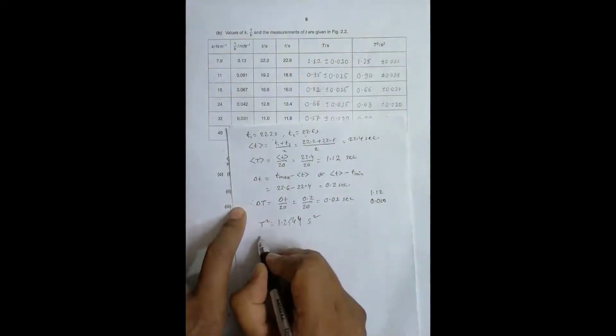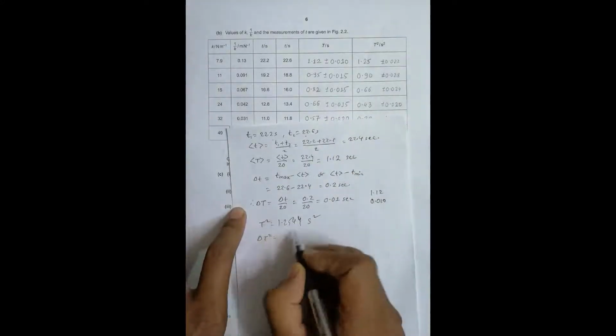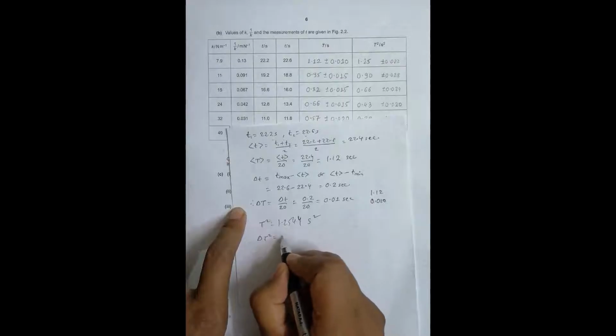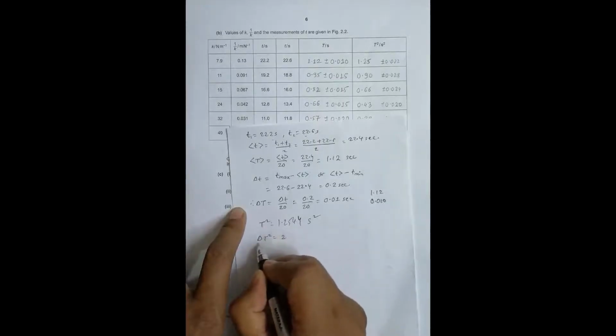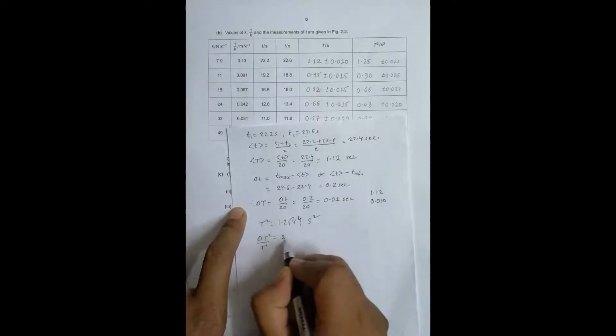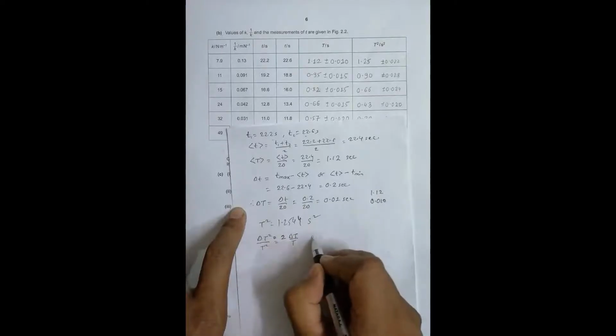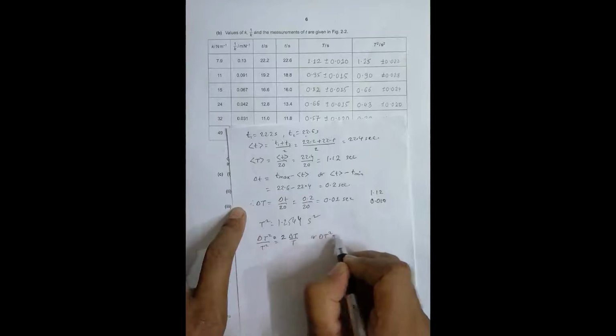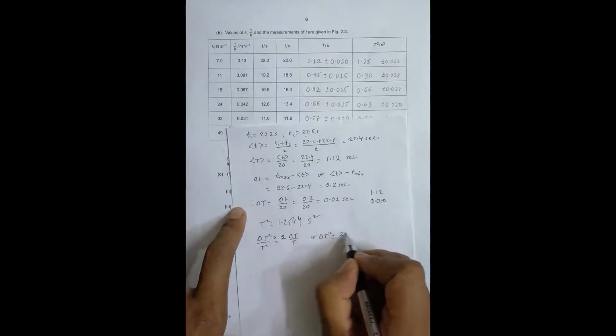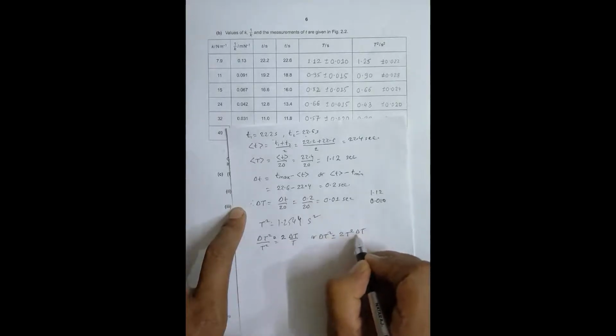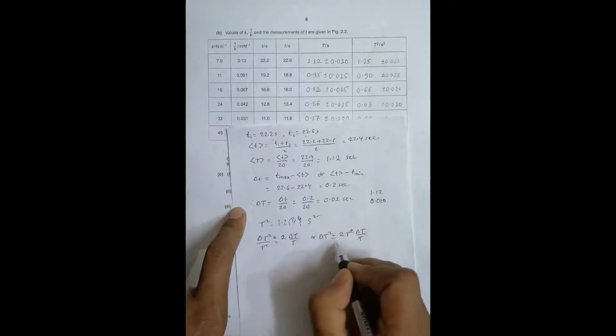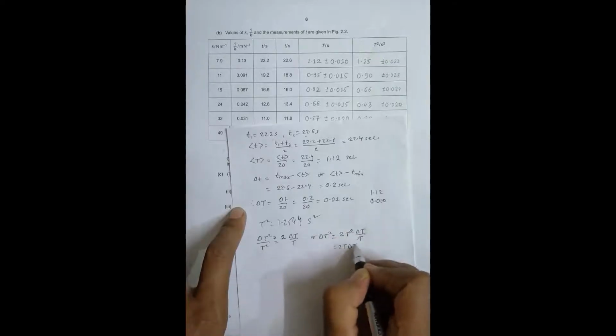So delta t square by t square is equal to 2 delta t by t, or I can say delta t square is equal to 2 t square delta t by t, t gone, so it's equal to 2t delta t.